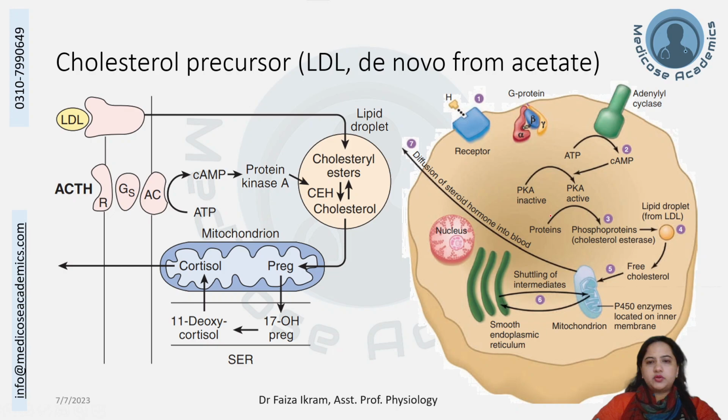Whichever steroid hormone is produced from the adrenal cortex, be it mineralocorticoids, glucocorticoids, or androgens, all of these are produced from a single precursor, which is cholesterol.